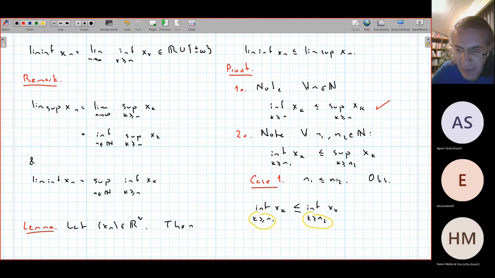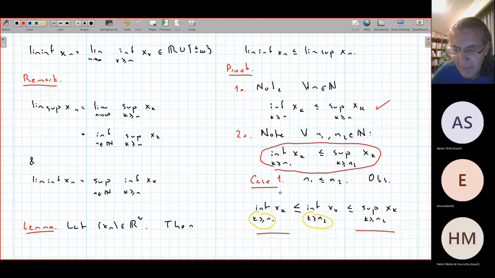And we saw before, using the first step, this is less than or equal to the supremum of xk, where k is greater than or equal to n2. This left-hand side is less than or equal to this right-hand side. That's exactly what we wanted, right? So it's simple.